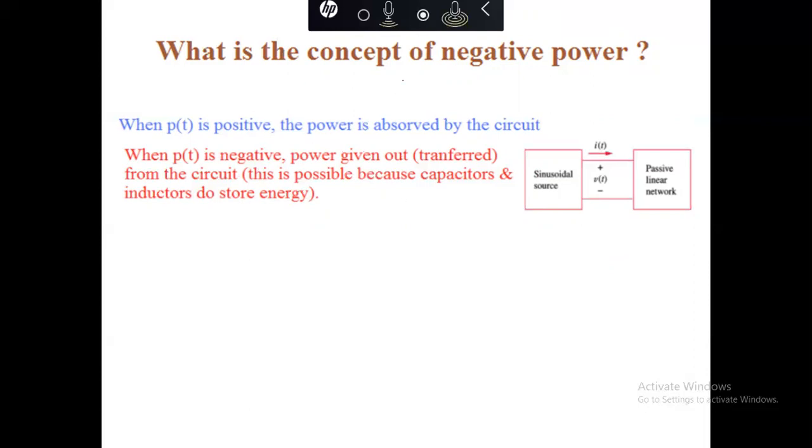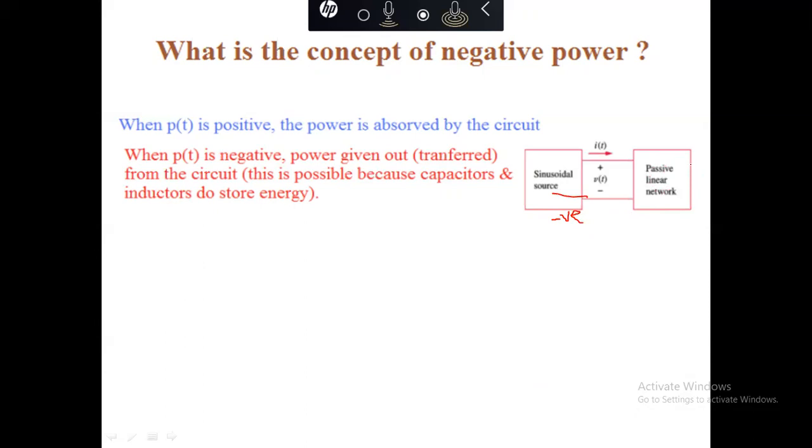So if there is a source which is delivering power to the network, it means the power is negative. So negative power means that it is supplying power to this network. And the power is consumed by the resistive component of this circuit.